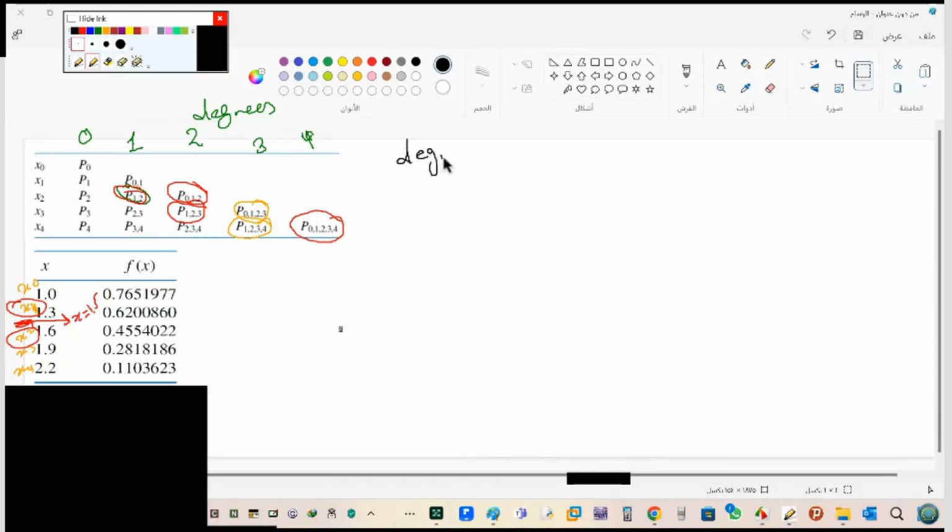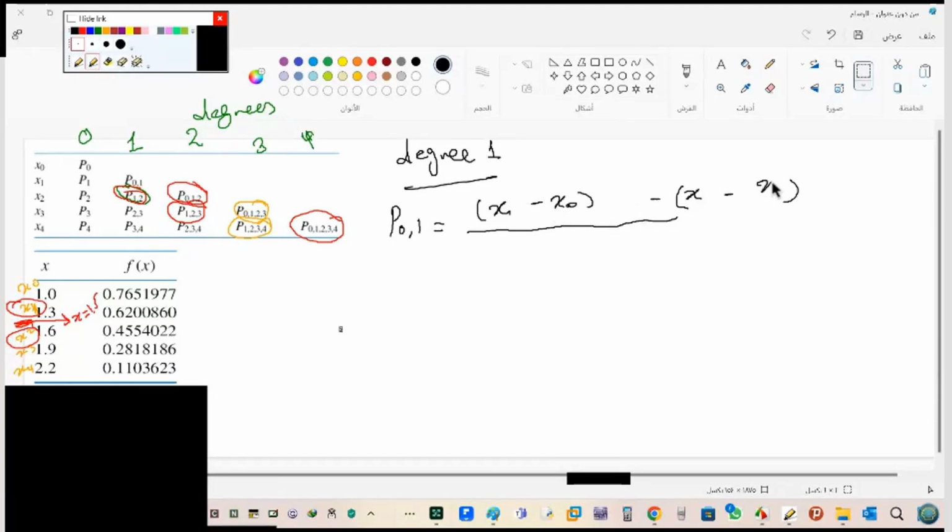For degree 1, B01 is, in practice, minus x minus x0, x minus x. This is x. X here is 1.5 in this example.